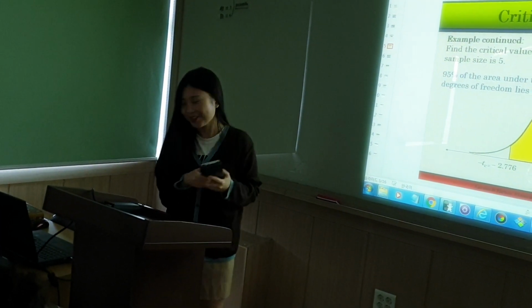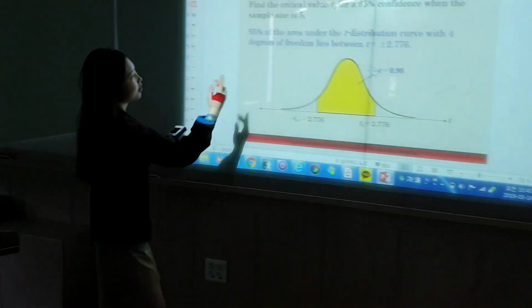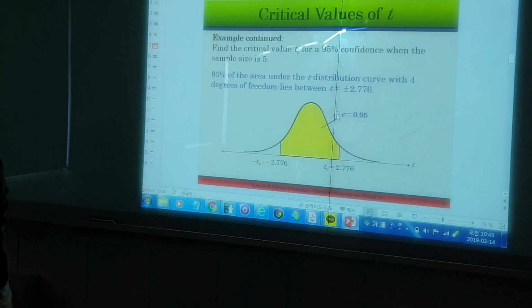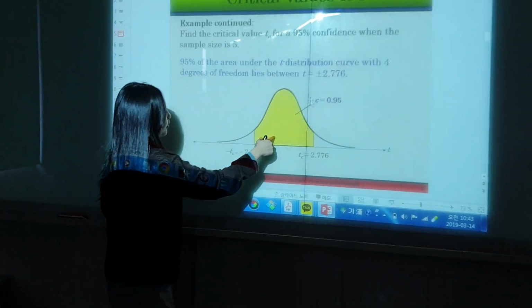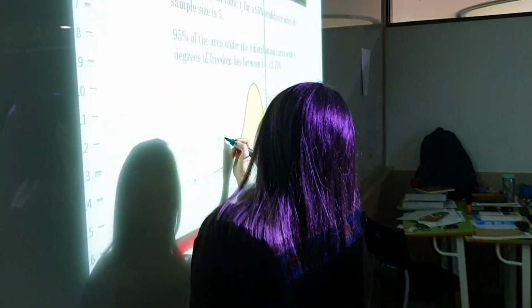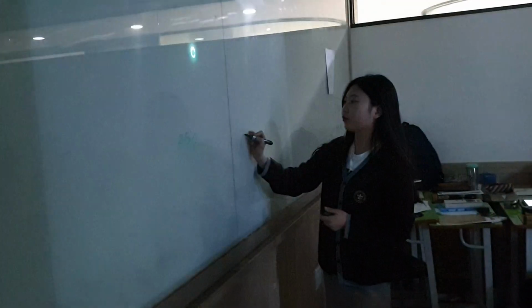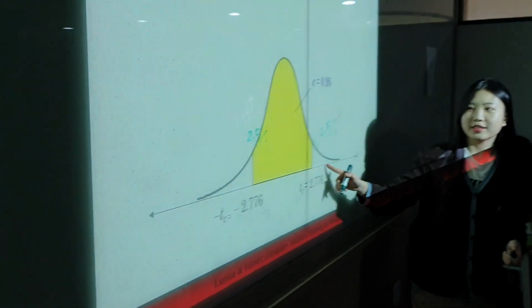Okay, so it's at 95%. Here this area is 95%, so here will be 2.5% and here 2.5%. Understand?